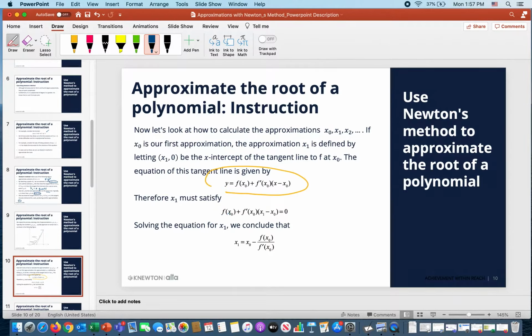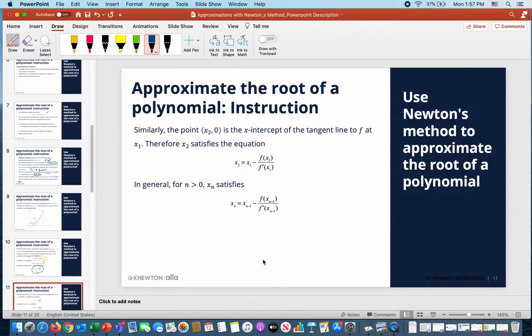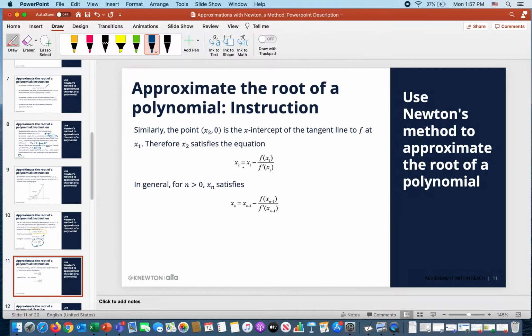Now I'm going to do x sub 1 equals x sub 0 minus f of x sub 0 over f prime of x sub 0. And this is going to be the general equation we use when we look at using Newton's method. Then x sub 2 is going to be equal to x sub 1 minus f of x sub 1 over f prime of x sub 1.